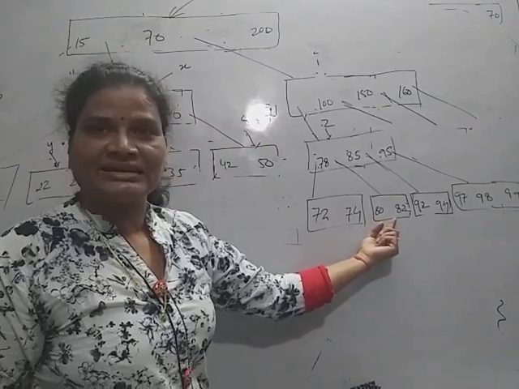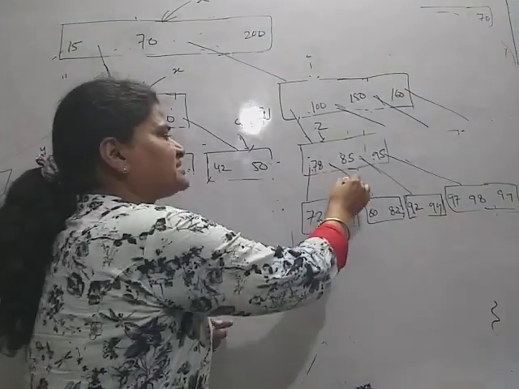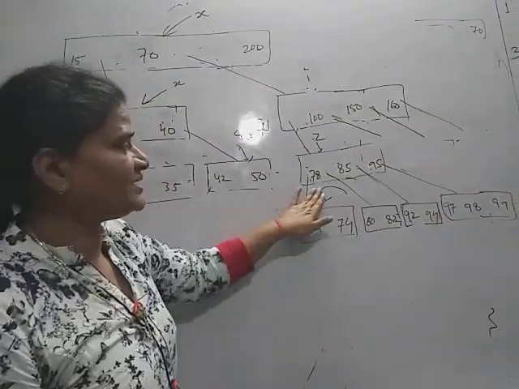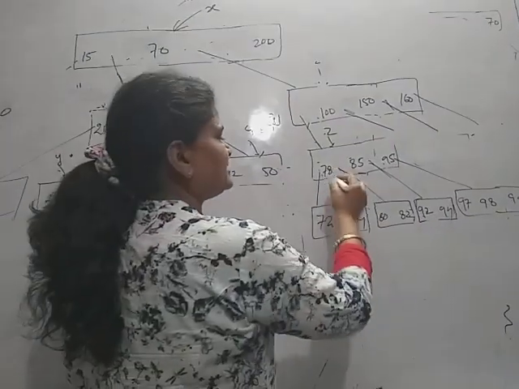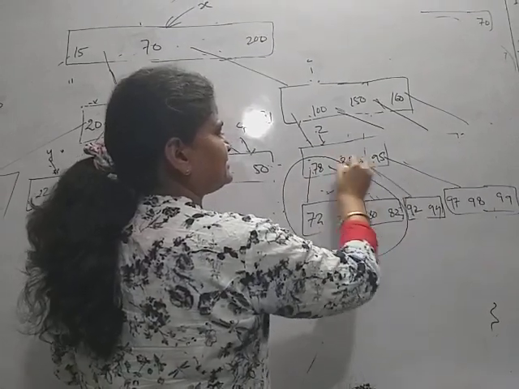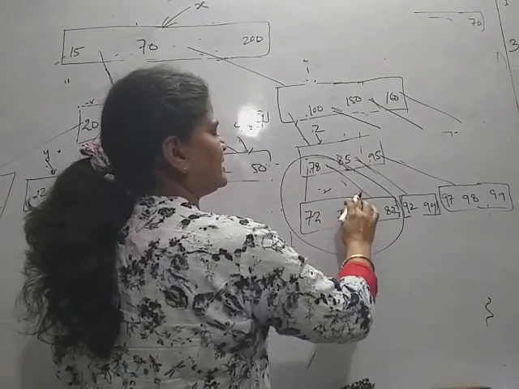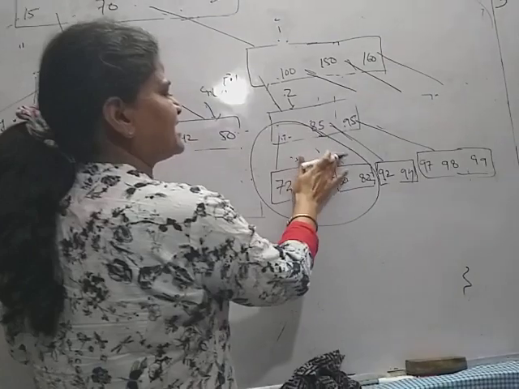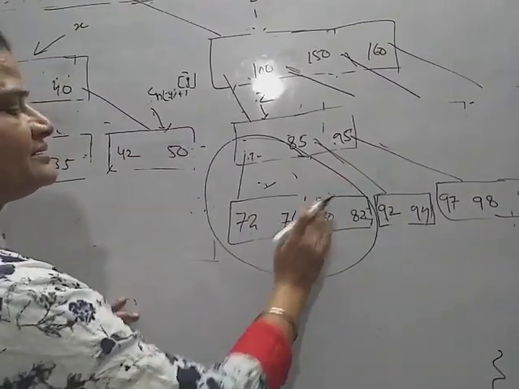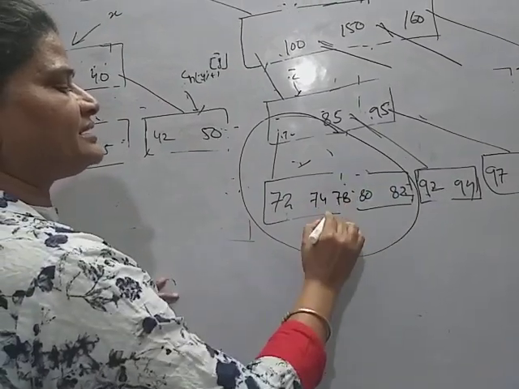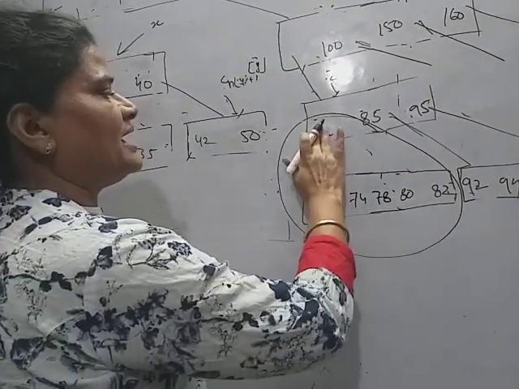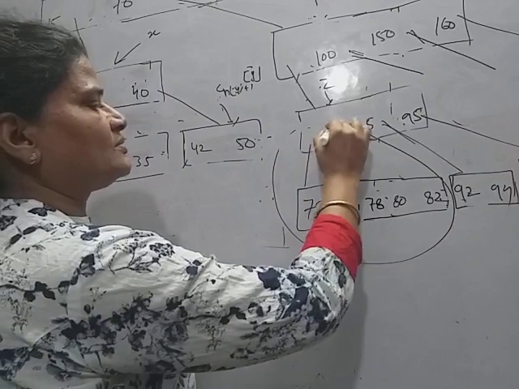If it contains t keys, then we perform a rotation. But if it does not, then we perform merging. So we merge these: 78 moves down, and this child pointer is deleted, and here this is 74, 78 and 80. Okay, and this is the pointer.